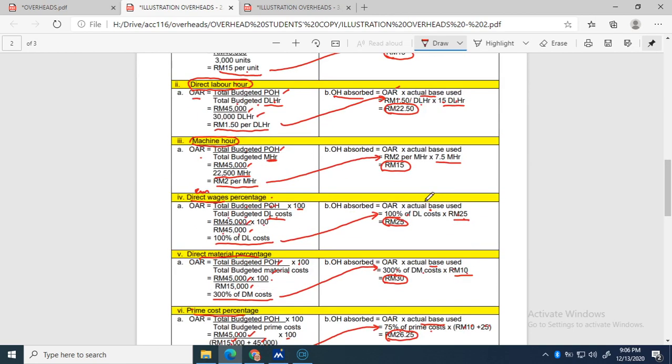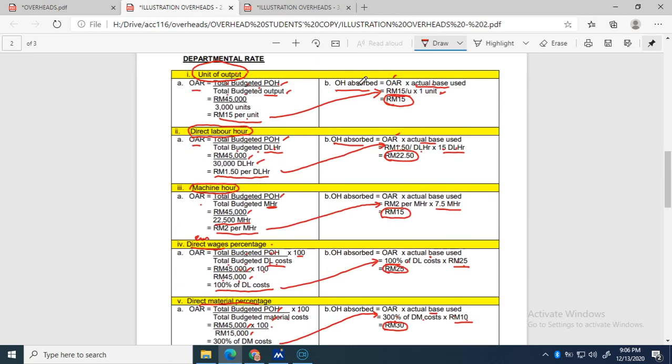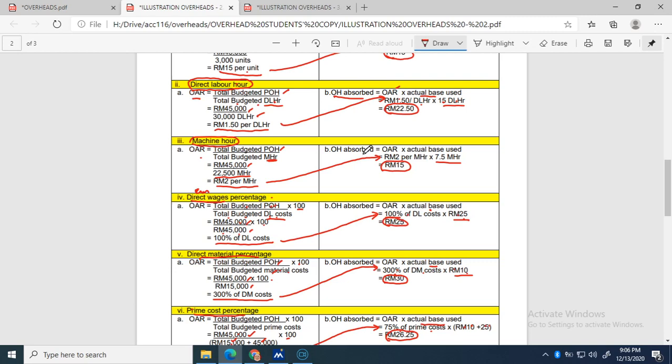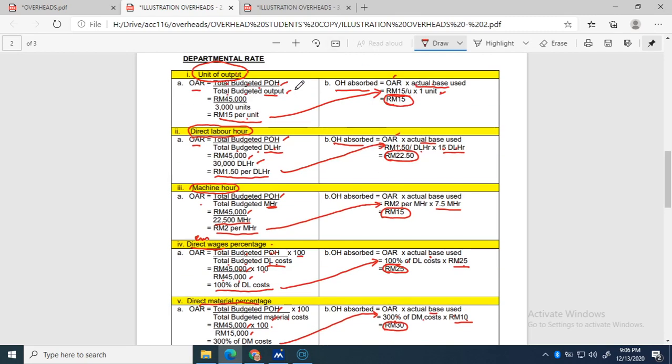So if you compare, we have 6 bases here. How much you absorb the overhead to a job, the amount will be different. If you use output, you charge overhead to the job 15. If you use direct labor hours, the overhead that you charge to the job is 22.50.